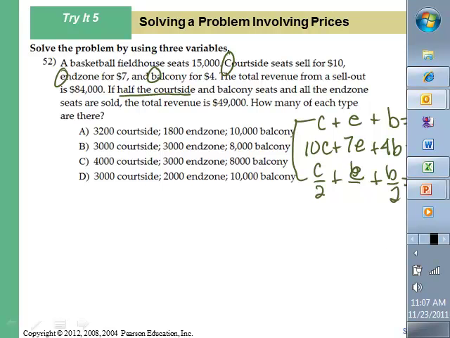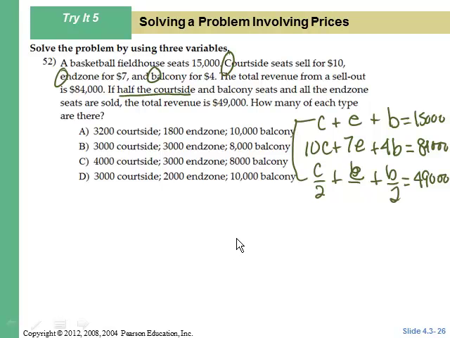Okay, that didn't help us any so far. 84,000, 49,000. M inverse, A1 to C3. I am not getting the right answer.